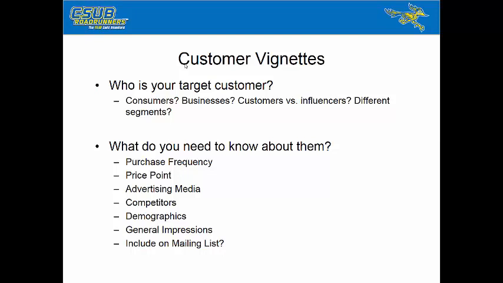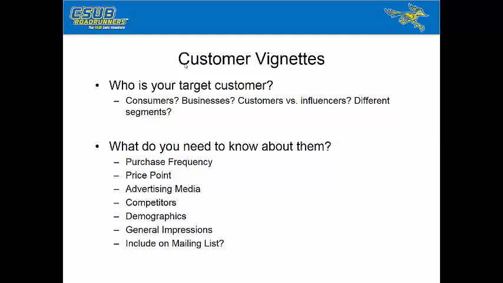You want to have an idea of whether the person you're talking to is just a regular consumer or an influencer. An influencer is someone who can tell a lot of other people about your business. So influencers are particularly important to have as you start your guerrilla marketing campaign. And then think about what are the different segments.